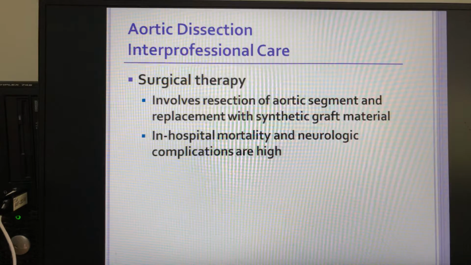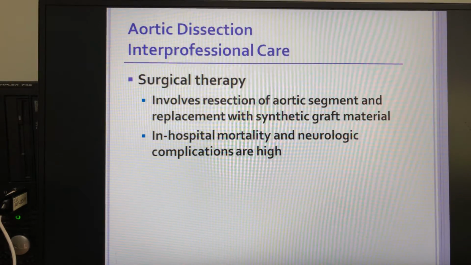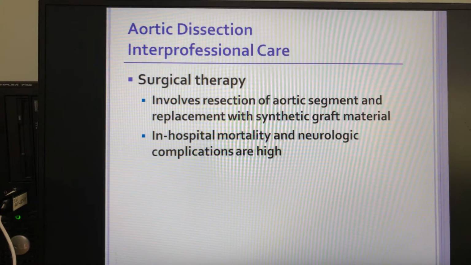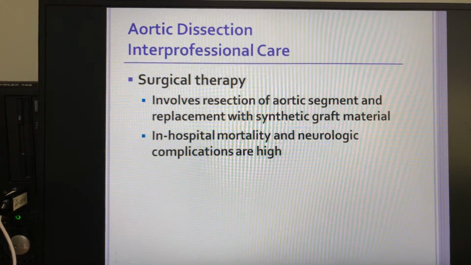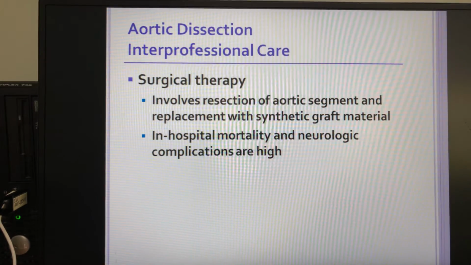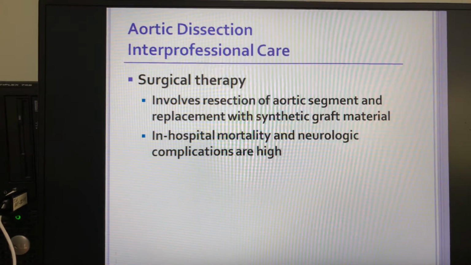That surgical therapy involves resection of the aortic segment and replacement with the synthetic graft material. And we kind of talked about those materials previously. In-hospital mortality and neurologic complications in these patients are very high.